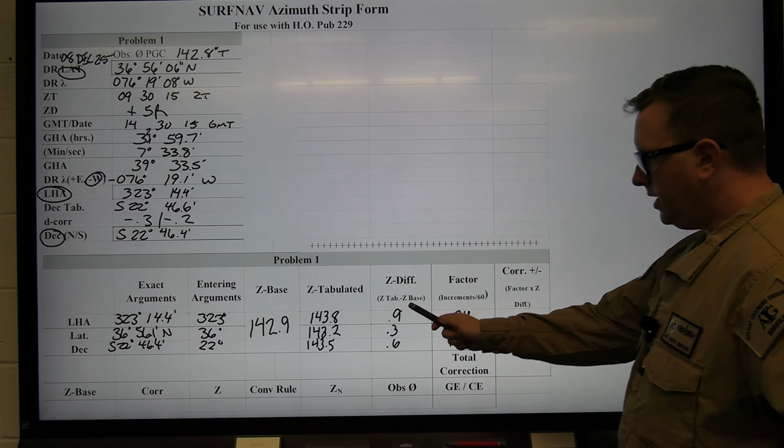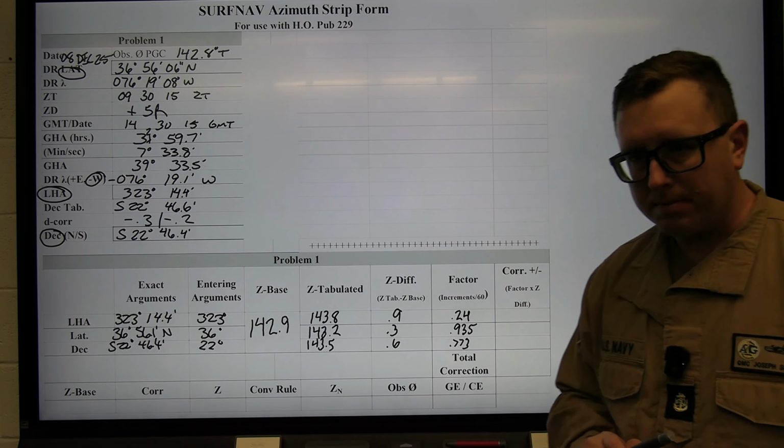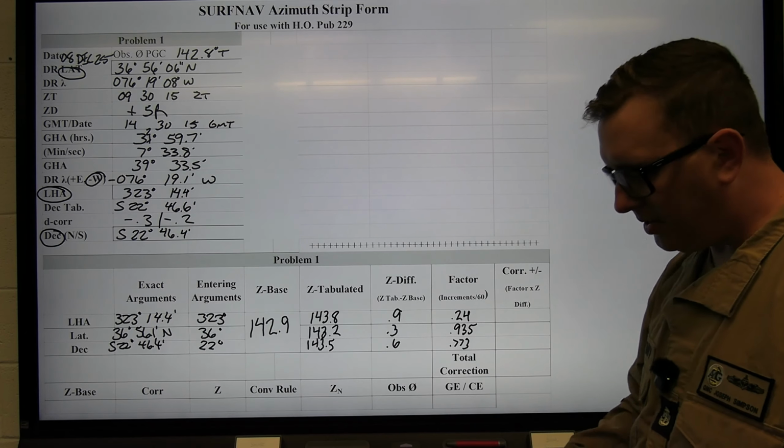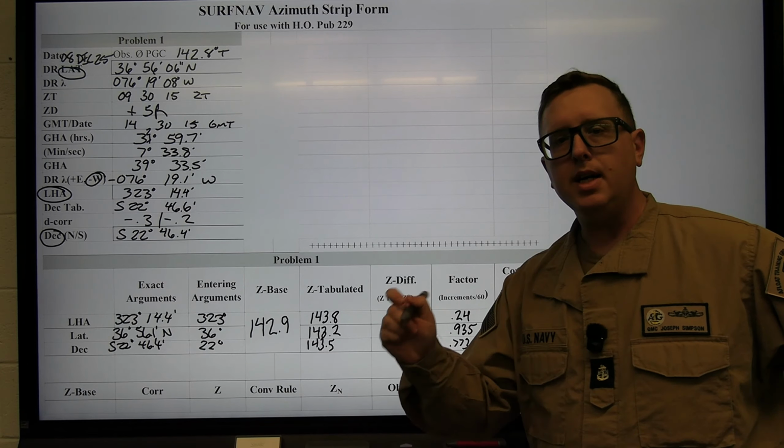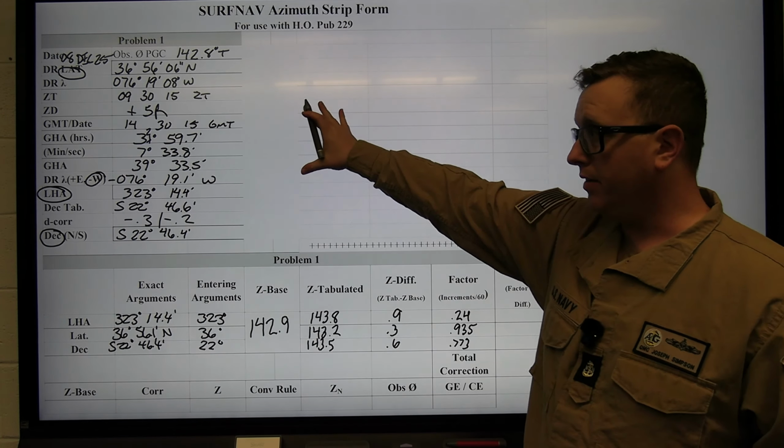Now that we have the z difference and the z factor, this is telling us to multiply those together. It tells you exactly what to do. That's what's great about these strip forms. It tells you exactly what to do, so you shouldn't mess it up unless you get wrong information up here.